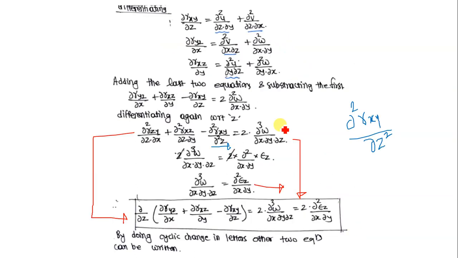Now further, we are having these three equations with us through differentiation. Now we will add the last two equations, and we will subtract the first equation from the addition. So let us add these two equations. This is the first equation, and the left hand side is written here.